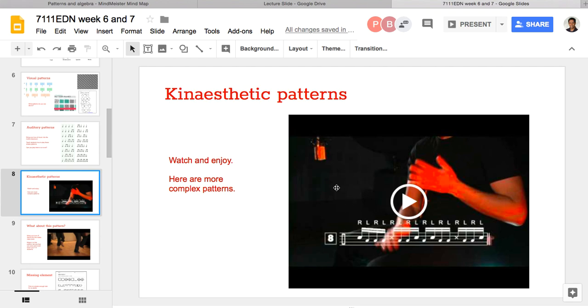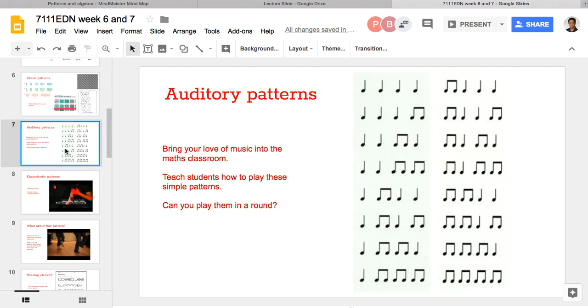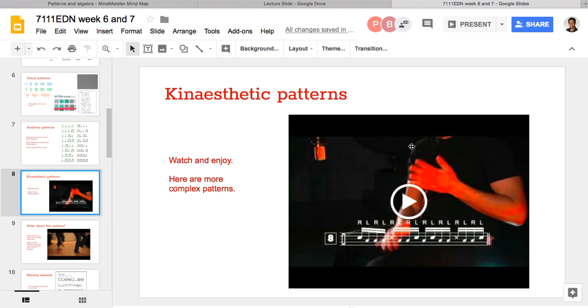But if you want to see where this can go to, this is an excellent example, okay? And body rhythms is utilized by a lot of schools in their music programs, okay? And this is where you can actually take it. So I won't actually play the video here, but I will leave it to you to explore later on.